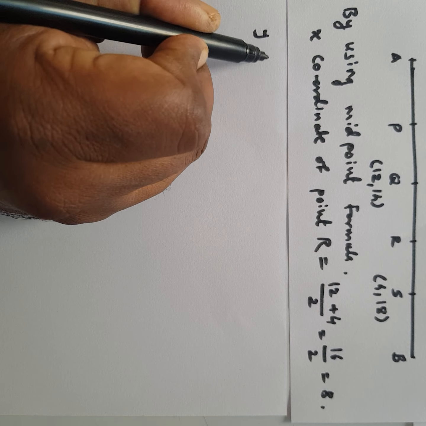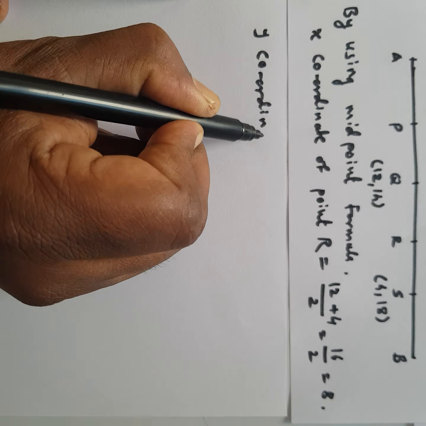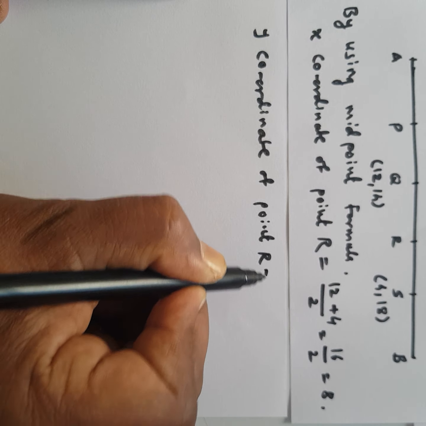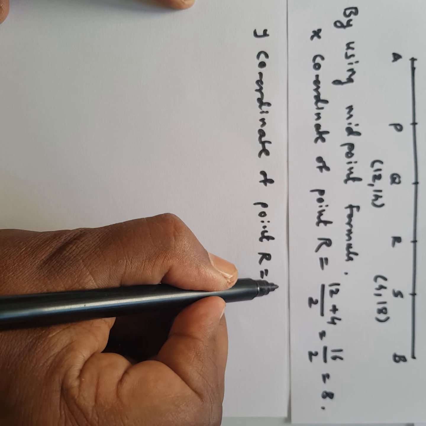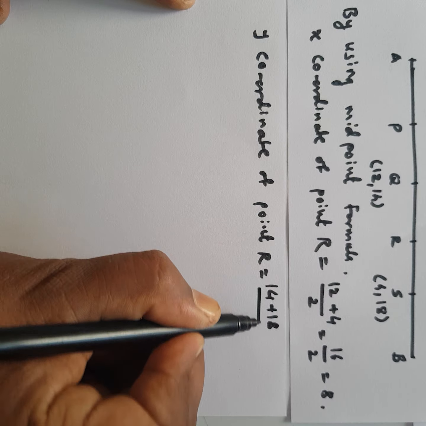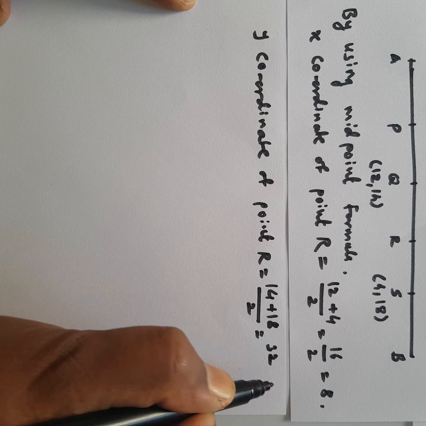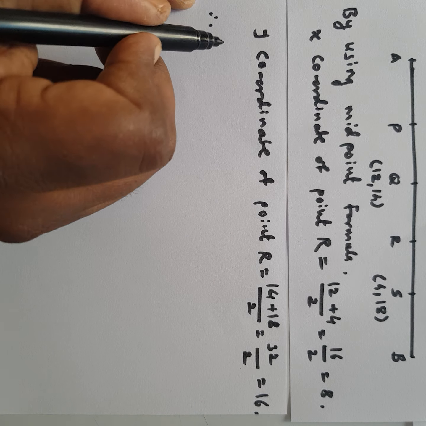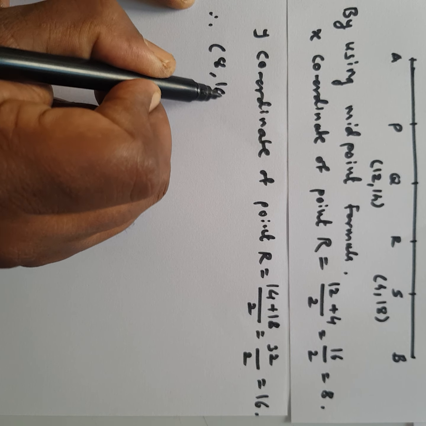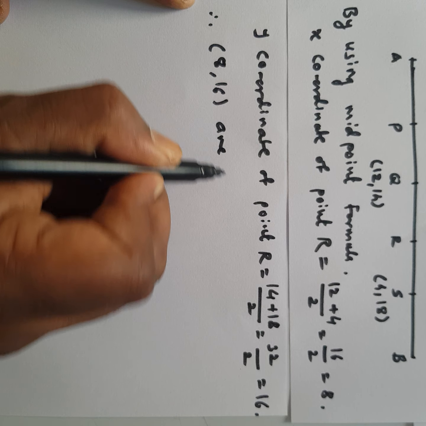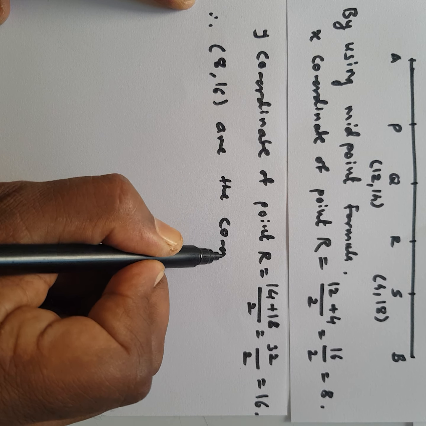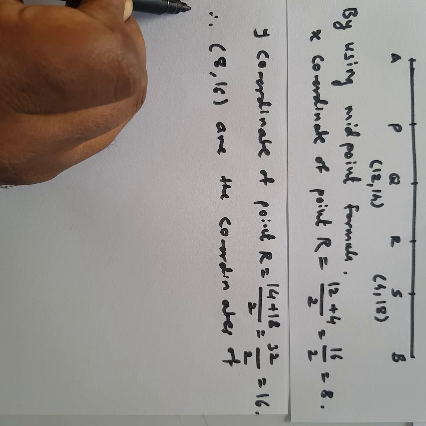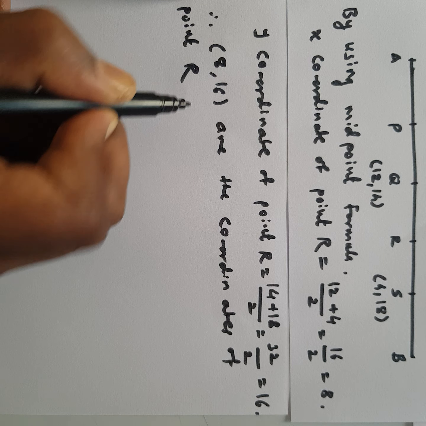Then the y coordinate of point R is equal to y1 plus y2, 14 plus 18 upon 2, that is 32 upon 2 is equal to 16. Therefore 8, 16 are the coordinates of point R.